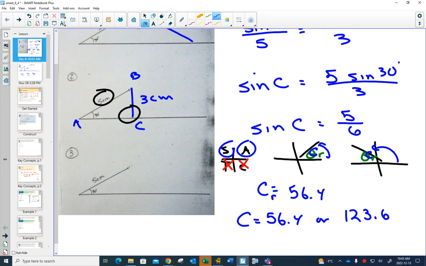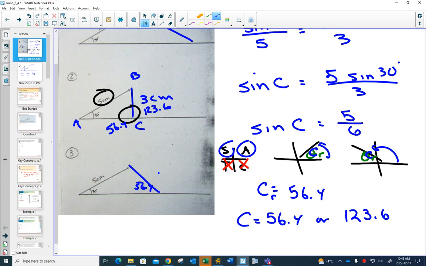And I want you to notice, if this is 56.4 or 123.6, do you see that they both still work? In fact, the 56.4 one, I'll draw it on here, would match up with that triangle.